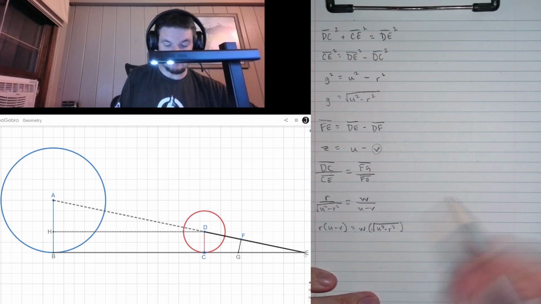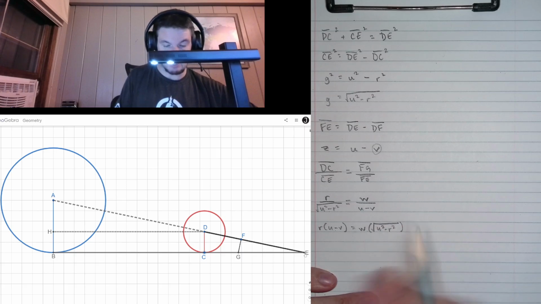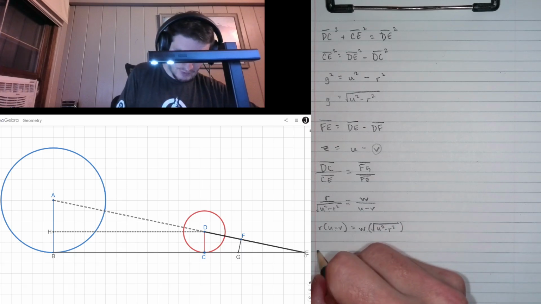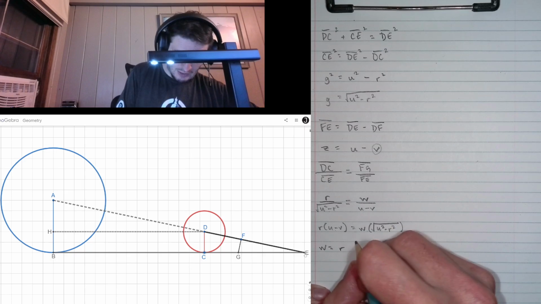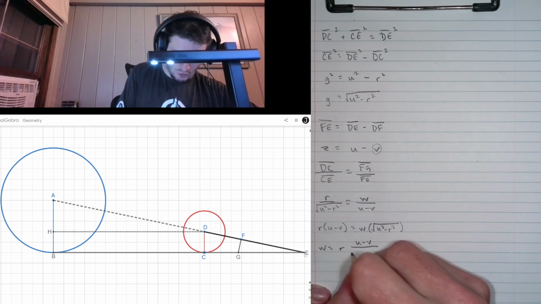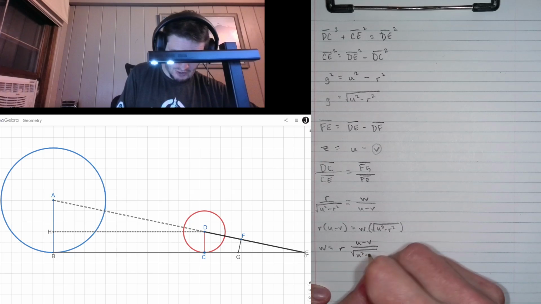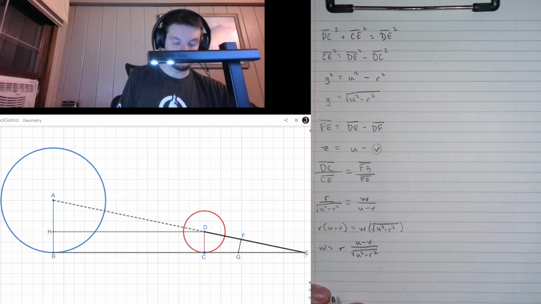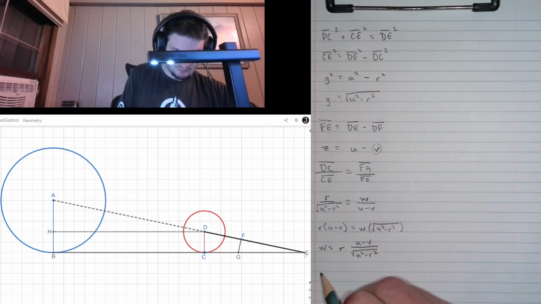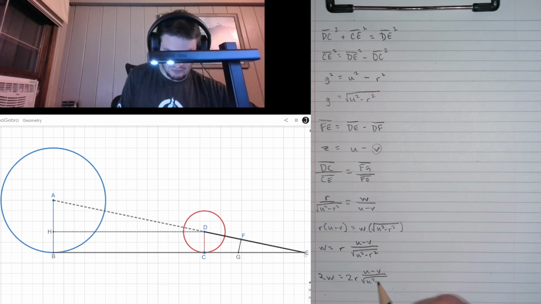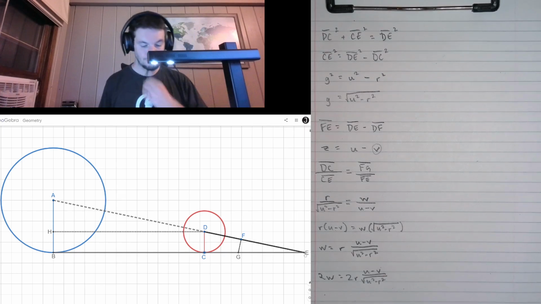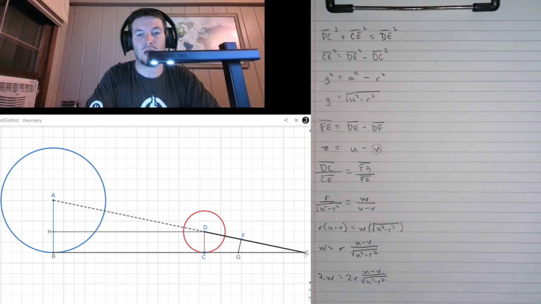And then we can just divide both sides by the square root to isolate W. And we get W is equal to R times (U minus V) over the square root of U squared minus R squared. And if we want the full width, we just multiply both sides by 2. So we get 2W is equal to 2R times (U minus V) over the square root of U squared minus R squared.